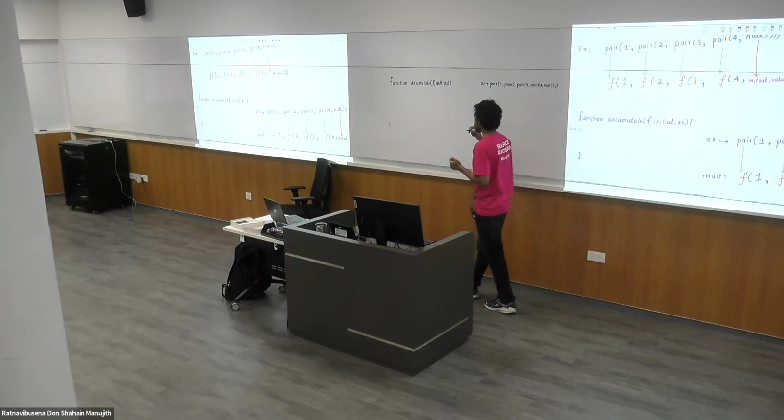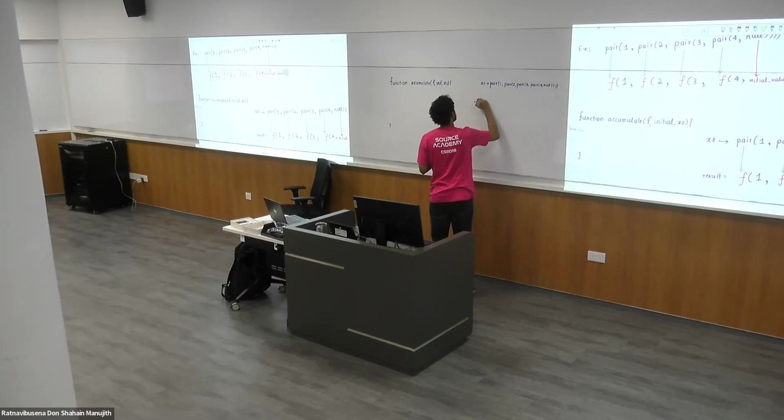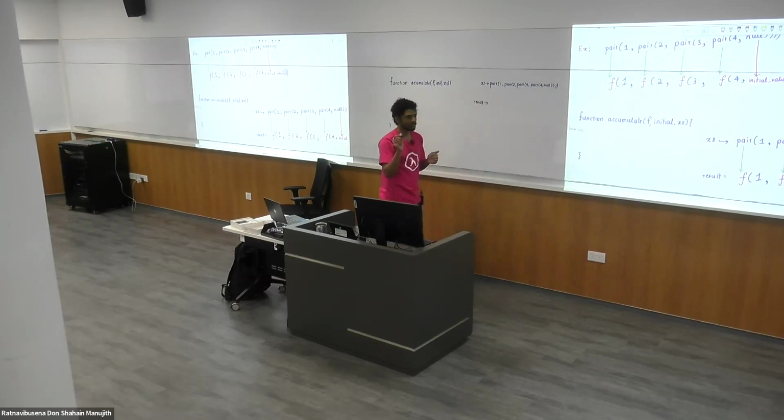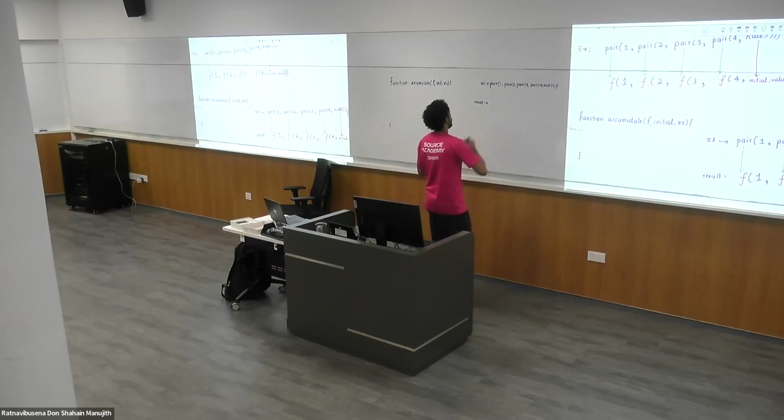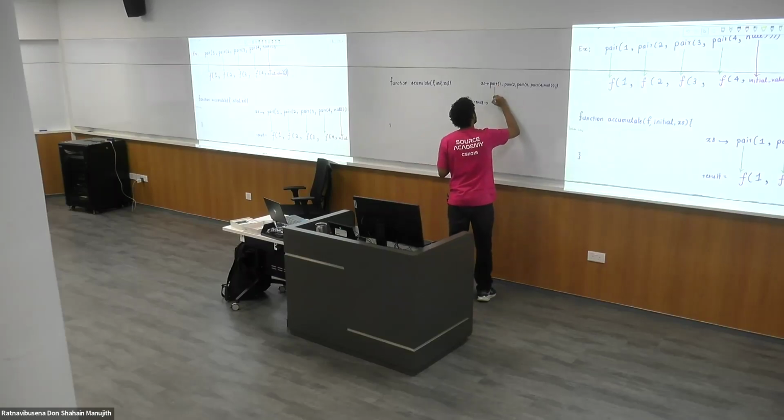So what should my result be? I need to replace every single pair call with what? F. So I need to replace these pair calls with f.